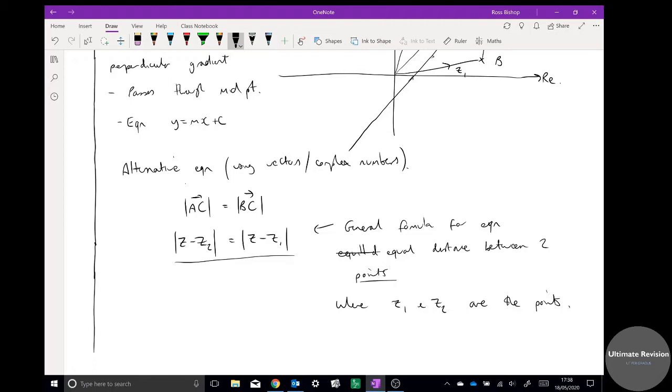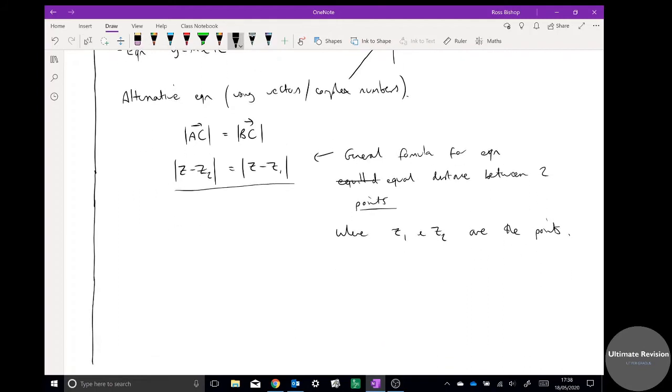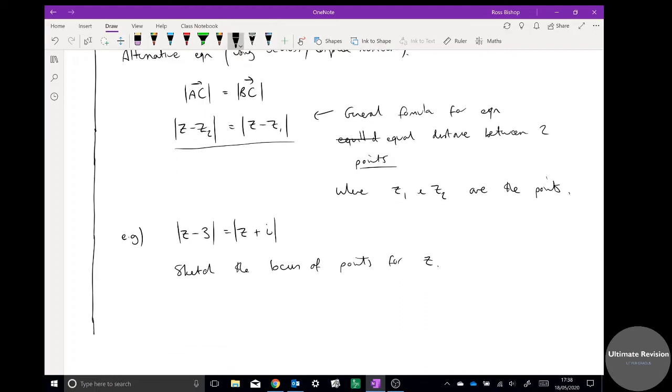Okay. Right, let's look at an example. So, e.g., and this is the same example from the book. You can use this as a practice. It is given that the magnitude of Z minus 3 is equal to the magnitude of Z plus I. Sketch the locus of points Z. Now, when you've got an equation of a line, y equals 3x plus 5, or any line, all that you're doing there is plotting a locus of points.